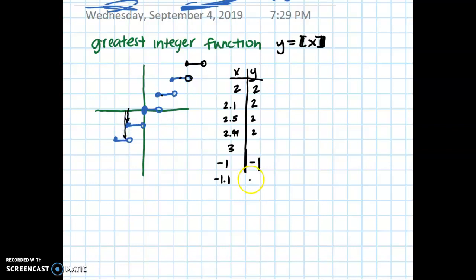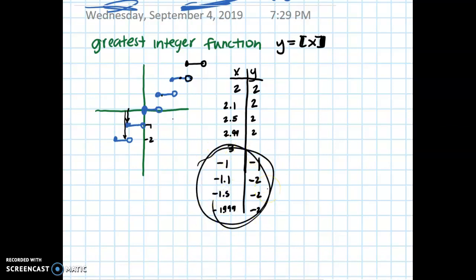So it's actually -2. -1.5 is also -2. -1.9999 is also -2. And that's how the greatest integer function works. It's a little tricky, especially when you're thinking about the negatives, because it almost feels like you're doing it backwards.